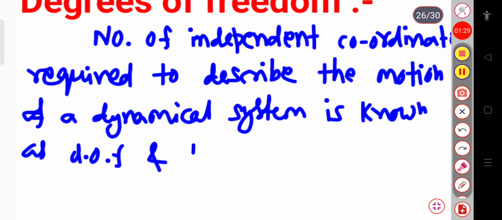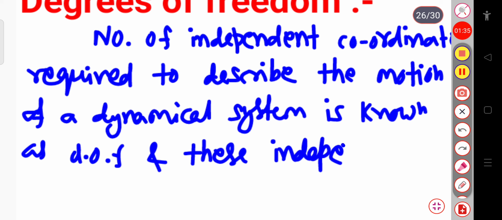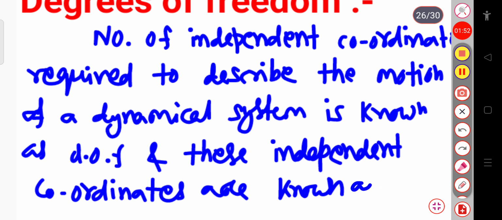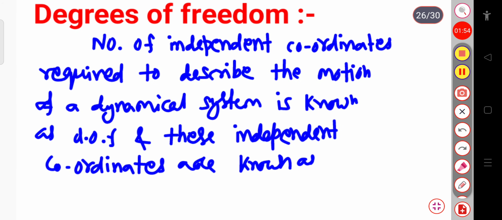And these independent coordinates are known as generalized coordinates.